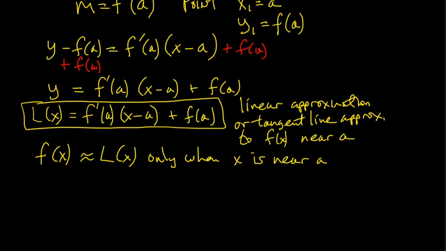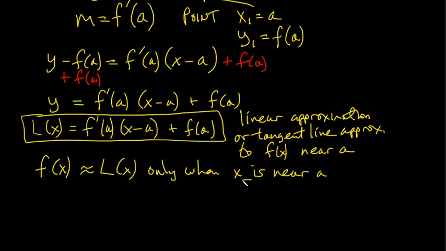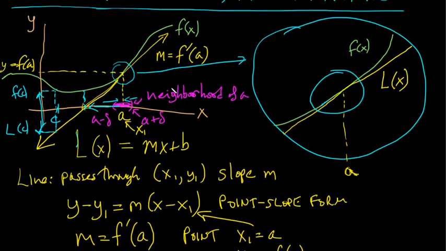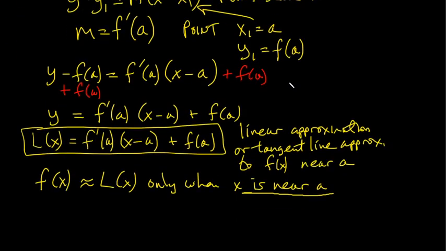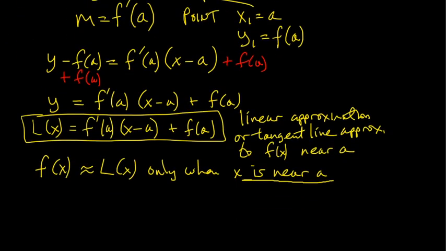And now, you might ask the question, well, what do I mean by near a? How close does x have to be to a? Well, it depends on a couple things. It depends on your function, and it depends on a. I mean, you can imagine a function having a sharper bend to it, so something like this, which I still want to be smooth.